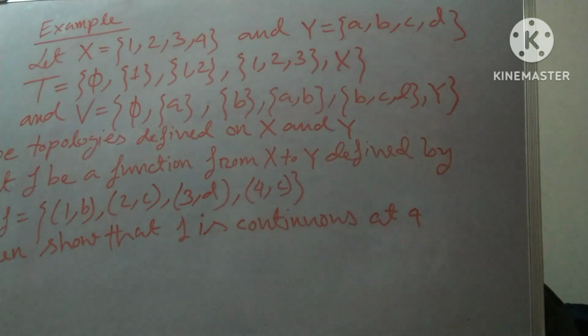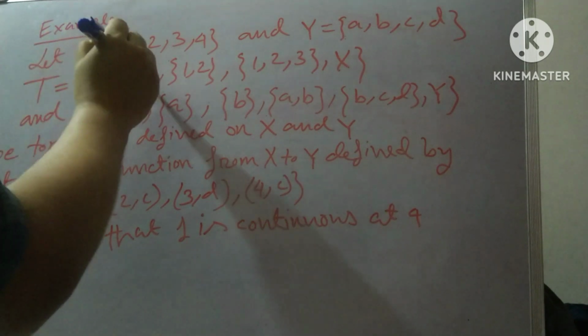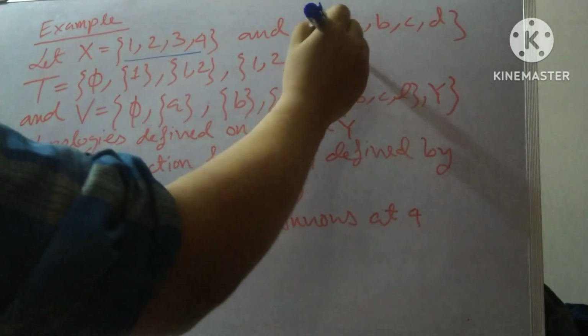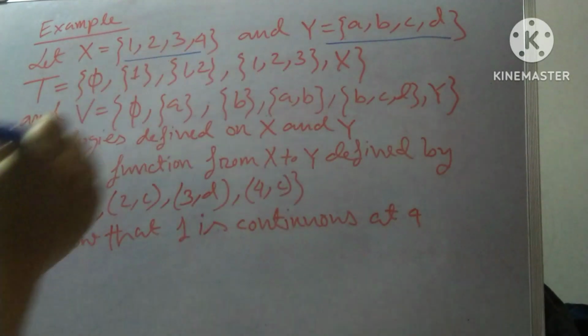So friends, example: let X equal 1, 2, 3, 4, and Y equal a, b, c, d.